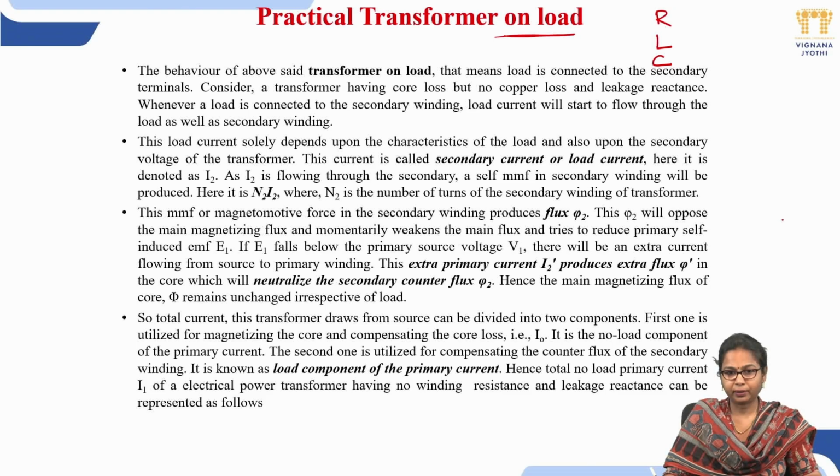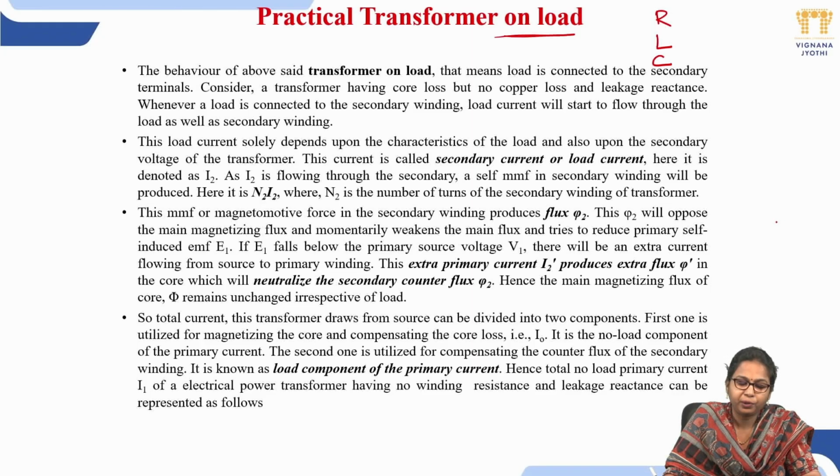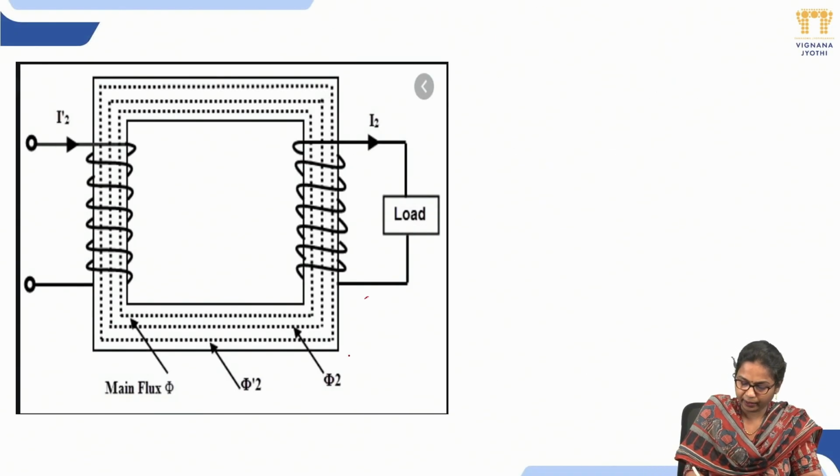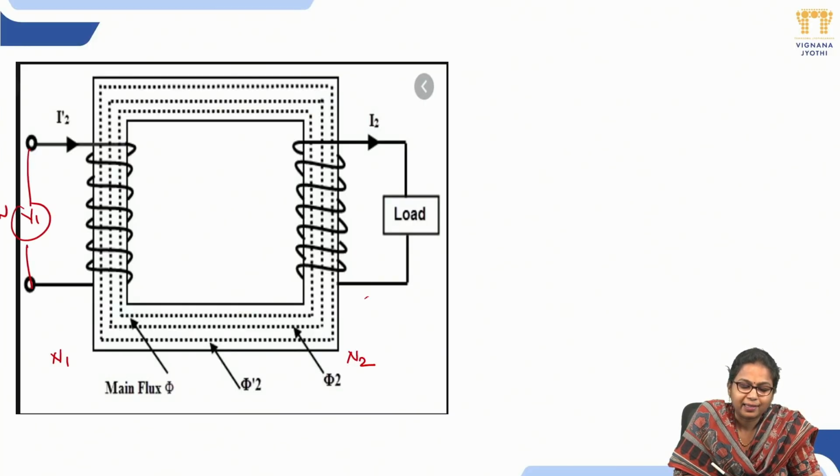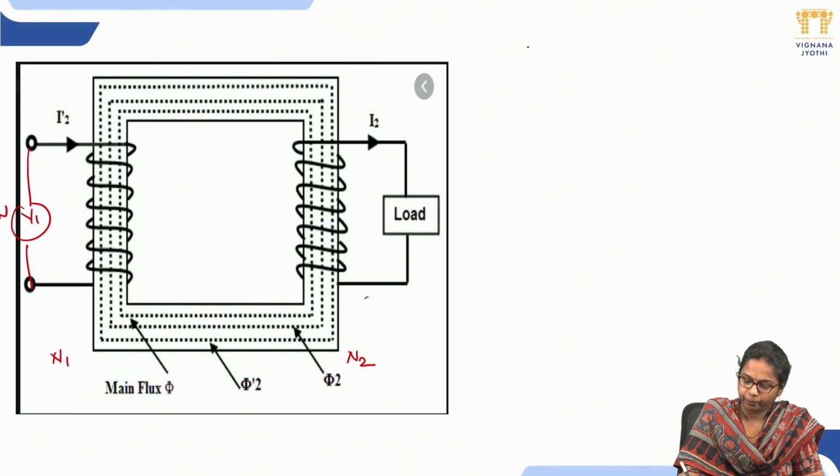When we talk about resistor loading, the load current depends upon the type of the loading. As I2 starts flowing through the secondary N2 turns, with N1 turns on the primary and V1 the AC supply, there exists a secondary MMF N2 I2, due to which the secondary current sets up its own flux phi 2.